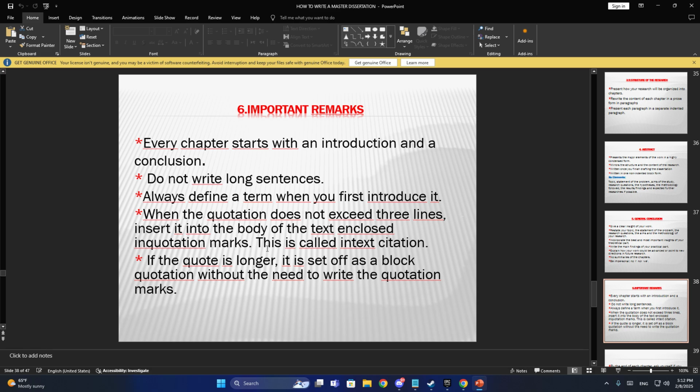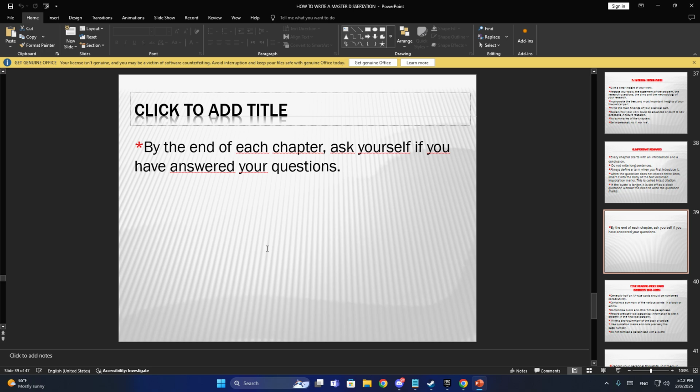However, if the quote is longer, it is set off as a block quotation without the need to write the quotation marks. I think you know this. By the end of each chapter, ask yourself if you have answered your questions.